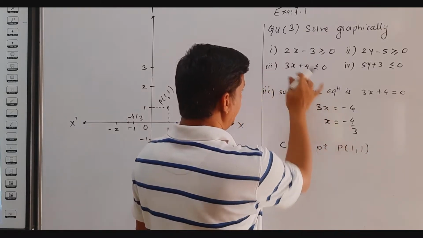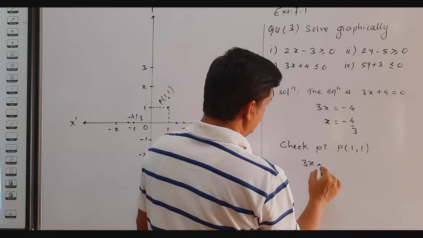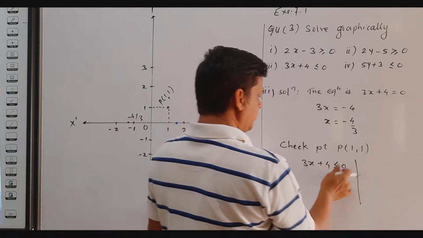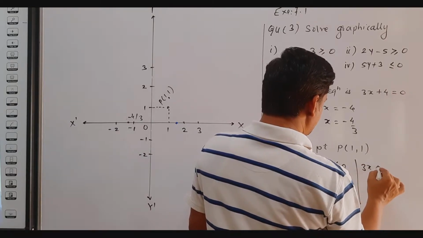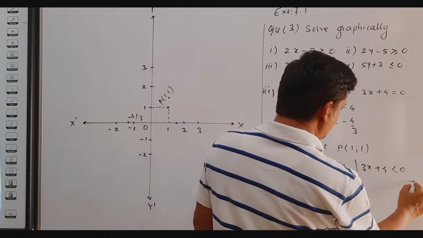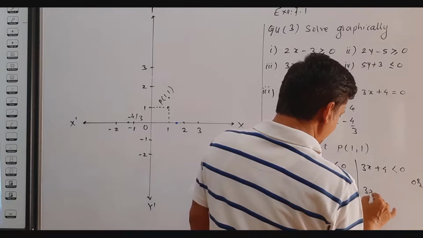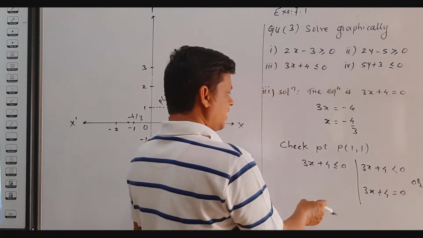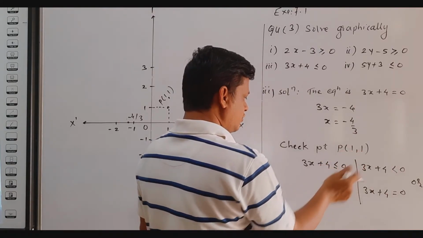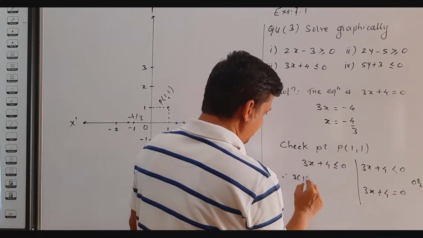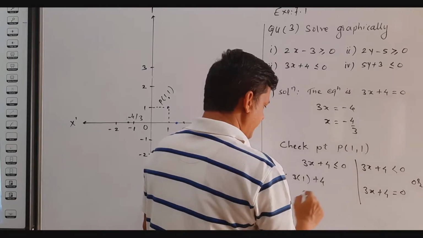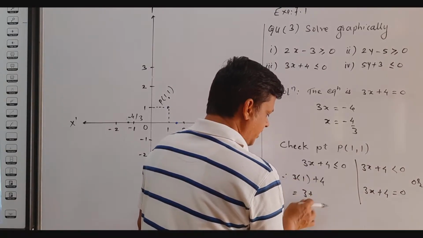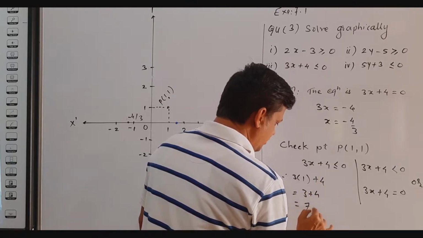So we write the given inequation 3x plus 4 less than or equal to 0, that means this includes two conditions, 3x plus 4 less than 0 or 3x plus 4 is equal to 0. So we check for x equal to 1, therefore 3 into 1 plus 4, 3 into 1 is 3, plus 4 is equal to 7.